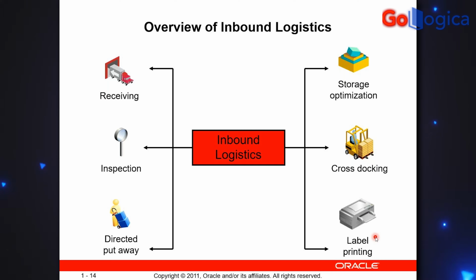There are seeded business flows where you can set those up, and once those are transacted, the label will be fired automatically. In the setup, we will be setting up the label types, then assigning those label types to business flows. We will be setting up the printers, and once the transaction is performed, a label is going to be fired.